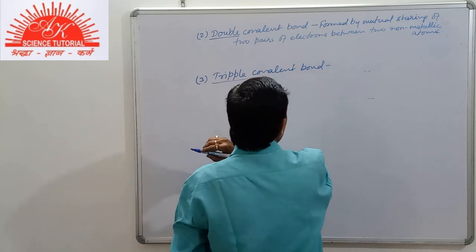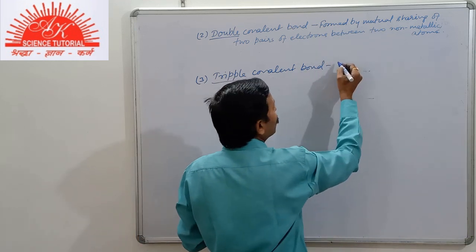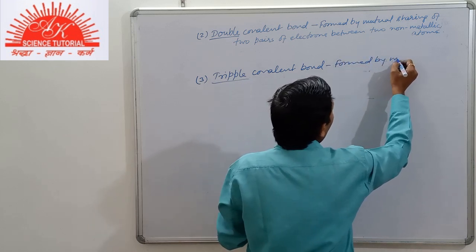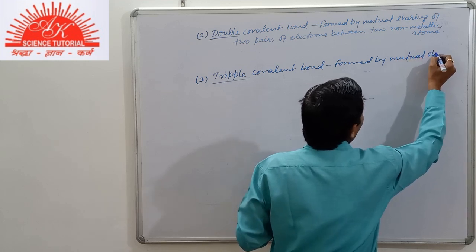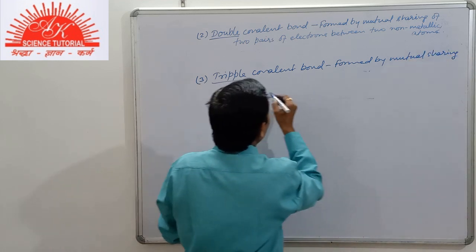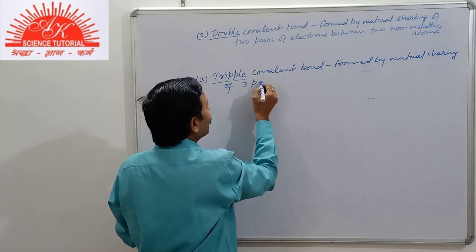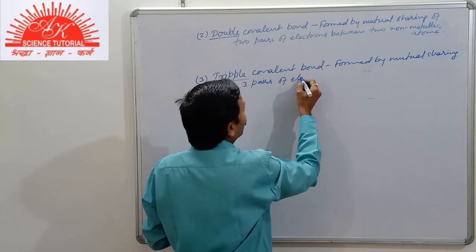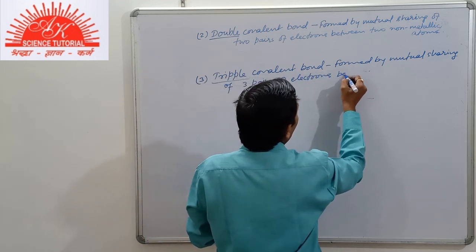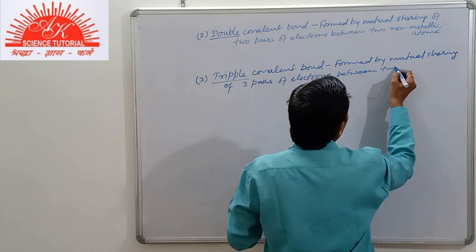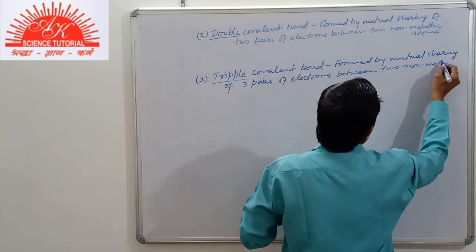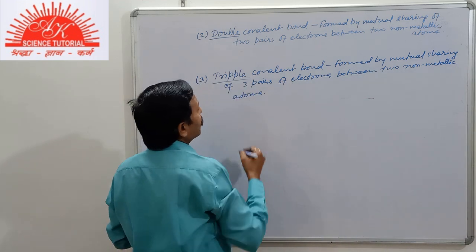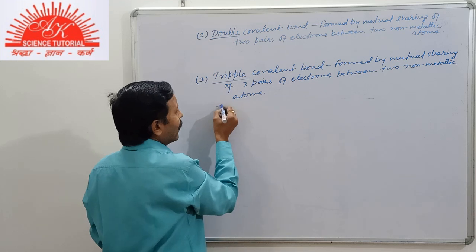As the name suggests, again, like the previous one, it is formed by mutual sharing of 3 pairs of electrons between 2 non-metallic atoms.